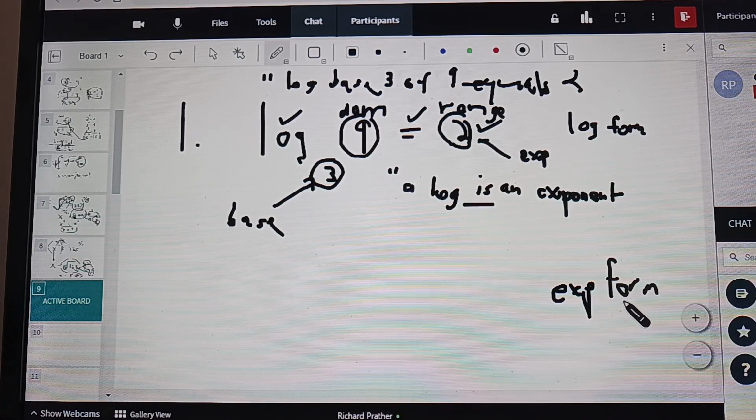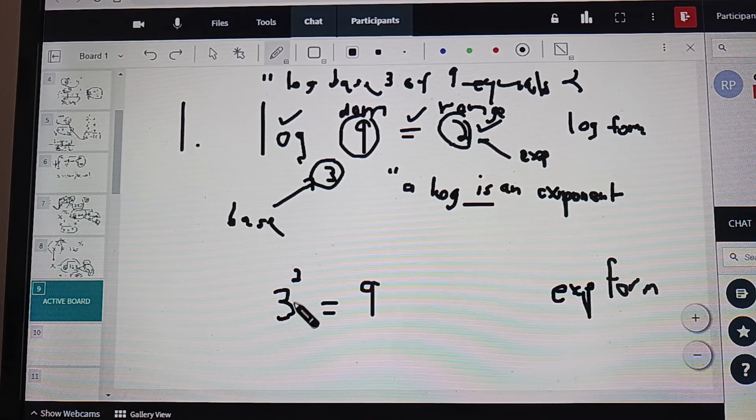So you say to yourself, which of these 3 things is a base? The 3 is. In exponential form, that's the regular size number. Which of these 3 things is an exponent? A log is an exponent, so the 2 is an exponent. Everybody, even as low as junior high, knows that an exponent's that little number that's raised up high. And then you can just say to yourself, which number haven't I used yet? I haven't used the 9 yet.